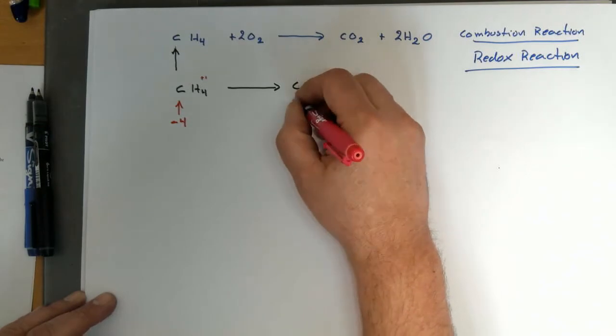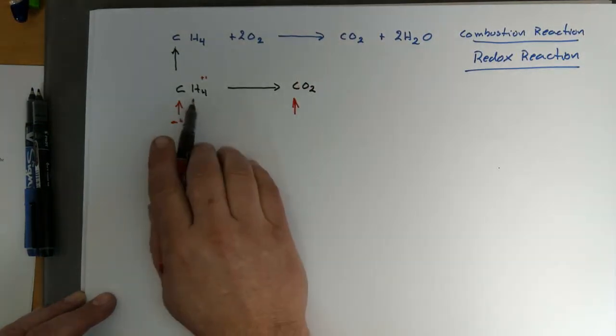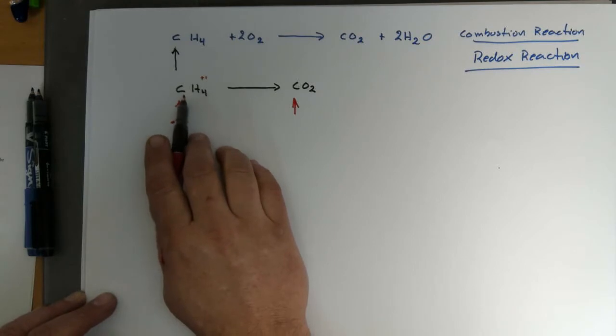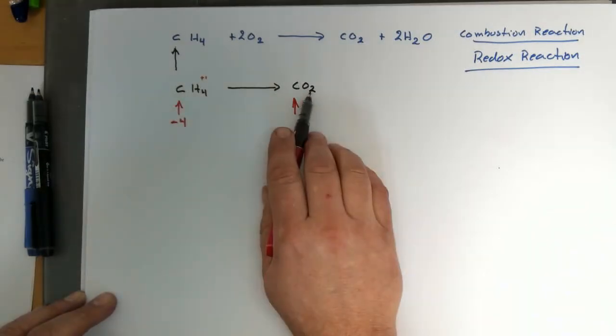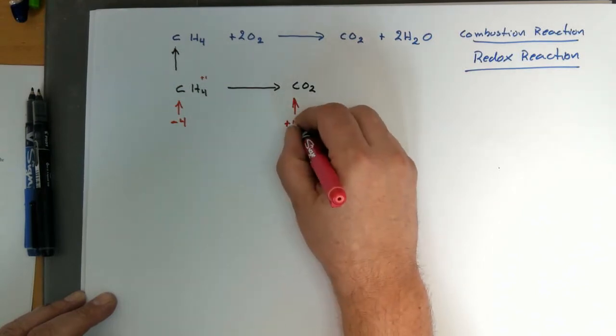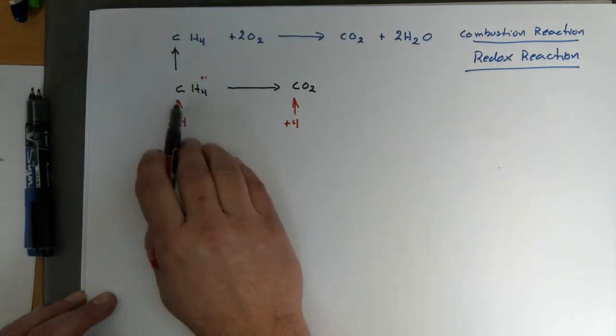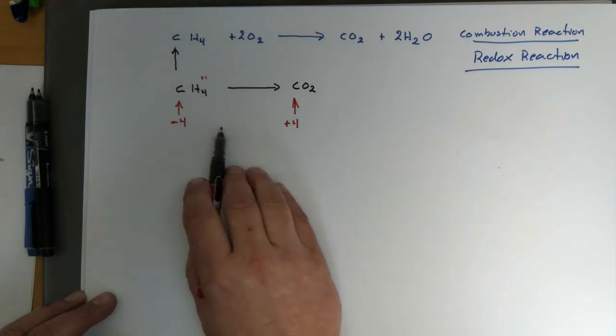And if we go over to carbon dioxide, we see that we have 2 oxygens, so minus 4, carbon has to be plus 4. So the oxidation number has increased by 8.